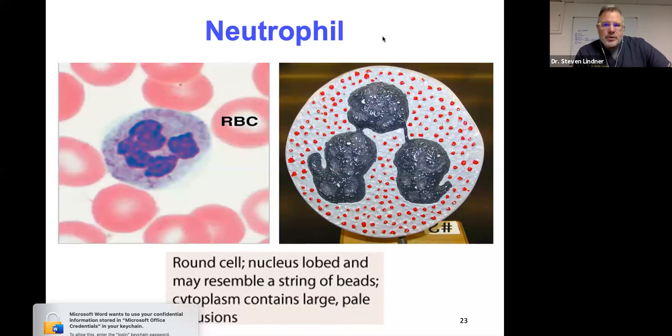So the neutrophil has usually 3 to 5 heads to the nucleus. So here's 1, 2, 3, maybe 4, maybe 5 heads to the nucleus, and it's very granular. Now, neutrophils are like the first responders. They're the first responders when there's a pathogen in the body.